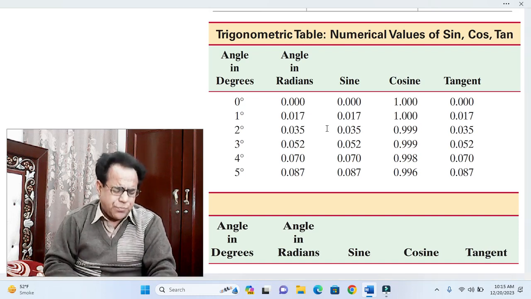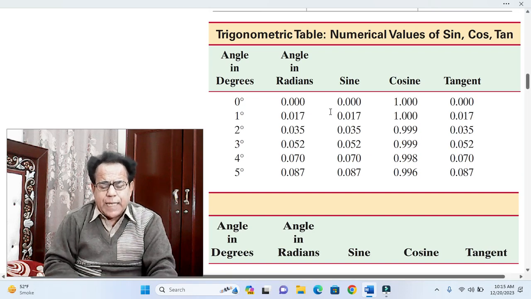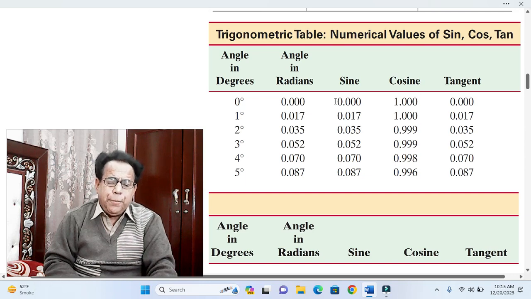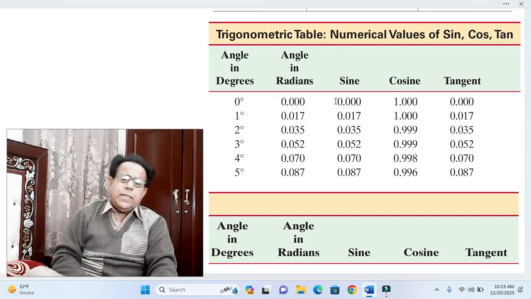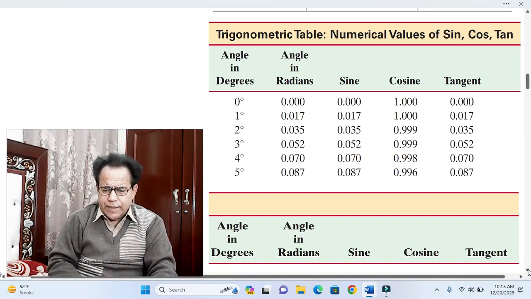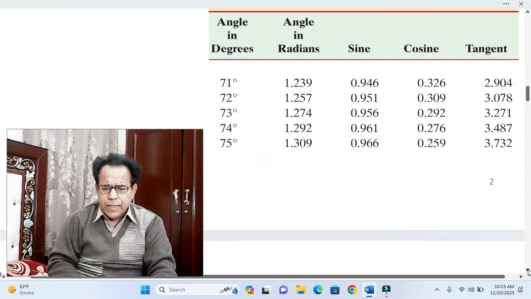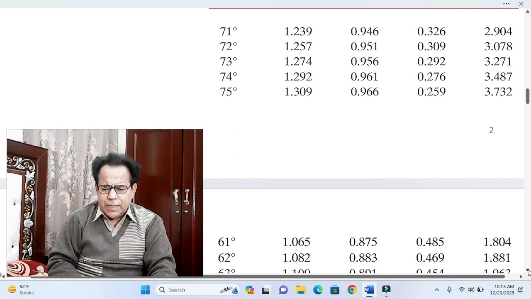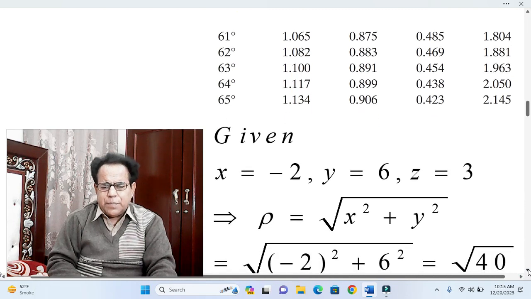But actually dear students, in our problems I am including this table for the first time so that we may be able to find such trigonometric values manually. Next is the later part of this table.